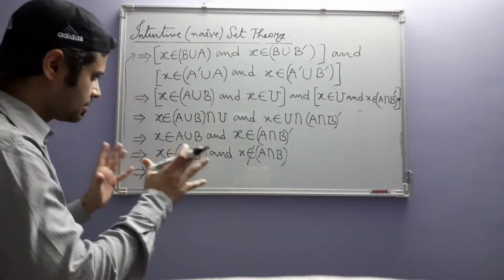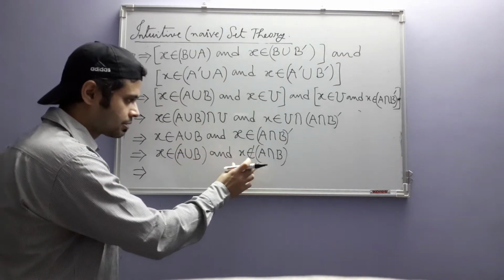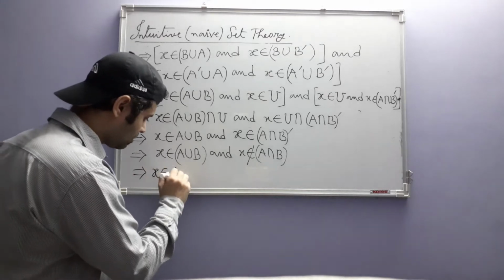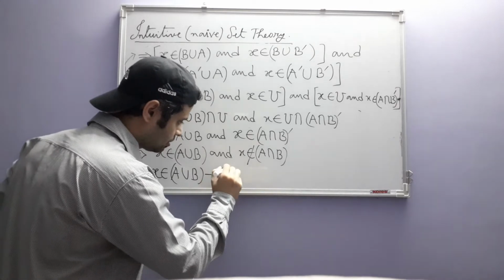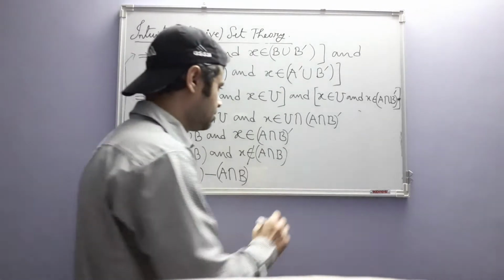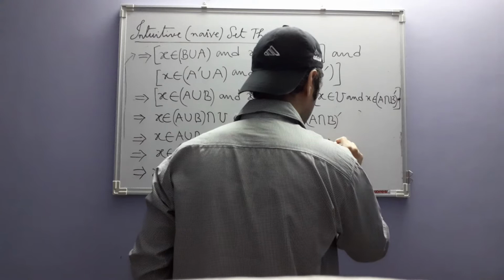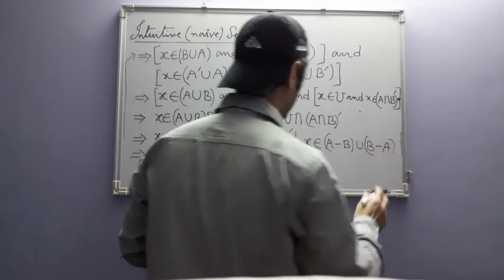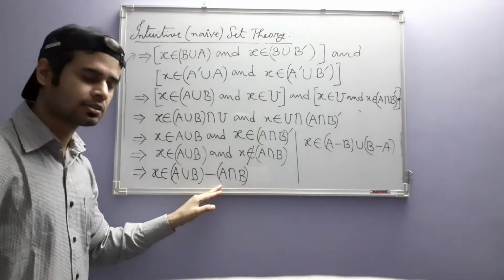Now you see what this structure tells you. X belongs to a set and X does not belong to another set, which means X belongs to their difference, A union B minus A intersection B. So if you recall, we started by assuming X belongs to (A minus B) union (B minus A), and then by applying all these arguments we have arrived at this.